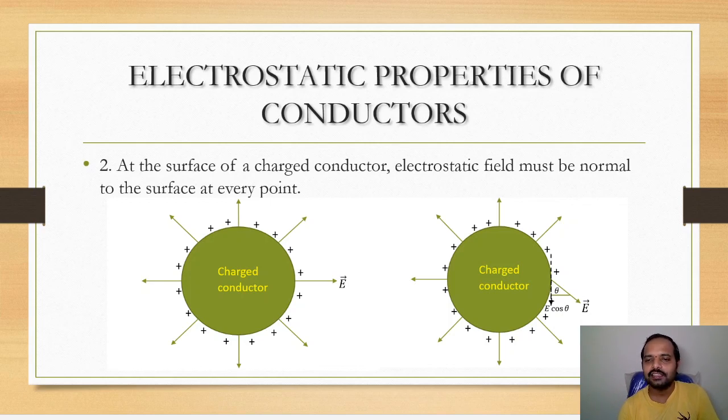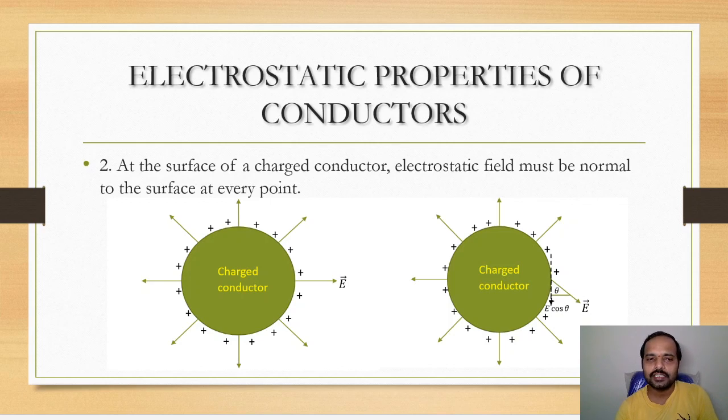So obviously the electric field associated with this charged conductor should always be normal to the surface at every point, and it cannot be inclined at a certain angle. So this is about the electric field being normal to the surface at every point.